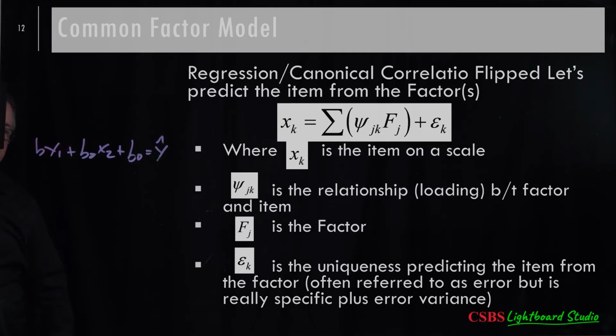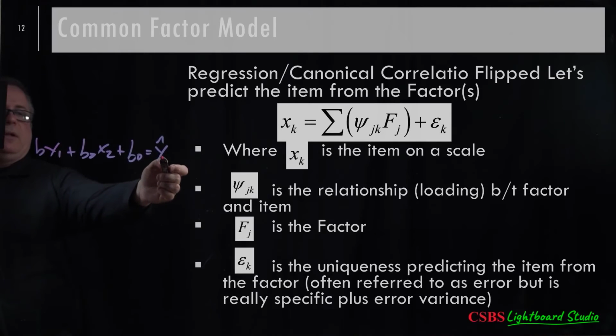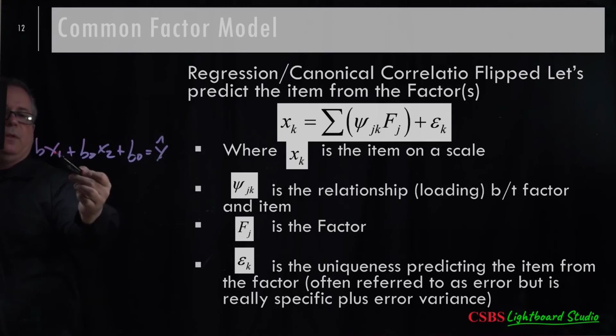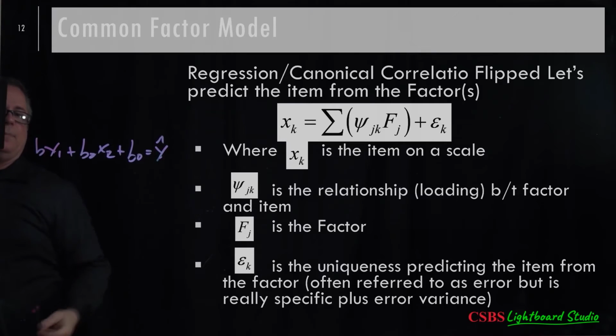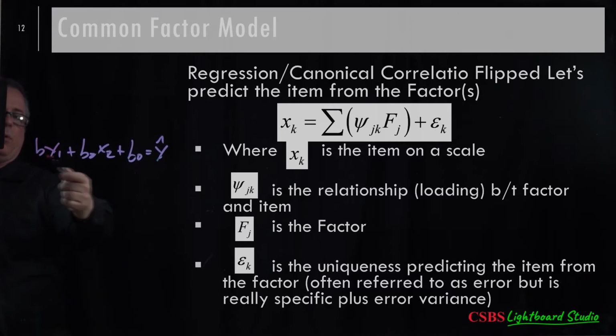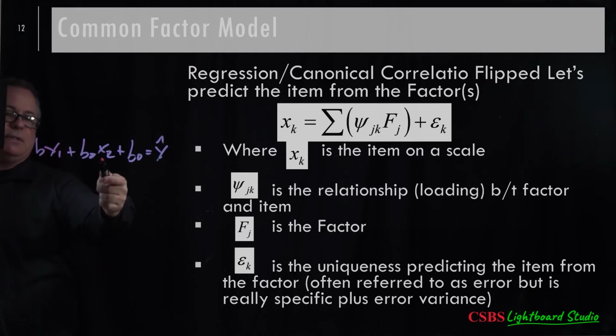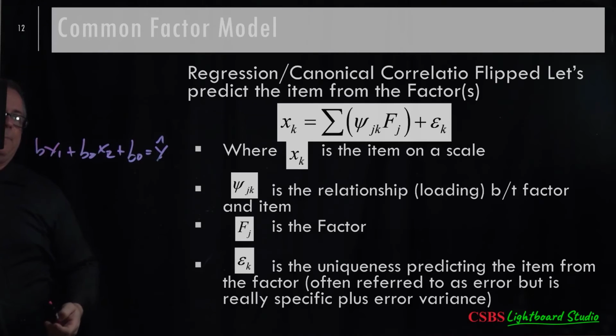That's what we're used to. Y predicted is a measured variable. These things are all measured variables, and we can combine these items together to predict this, right? This is creating, in a way, a sort of smart composite. It combines all the x's together and relates them to y.